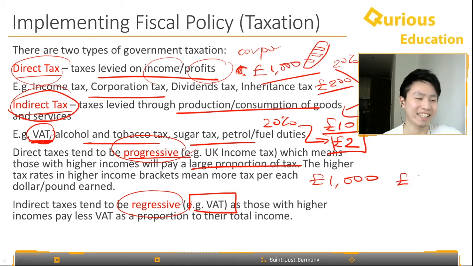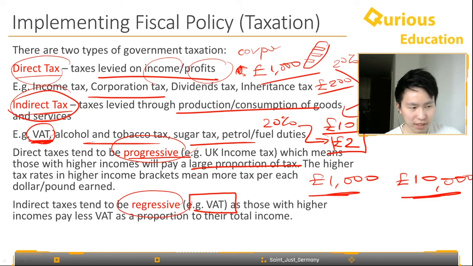But let's say there are two types of families here. One family is earning £1 grand a year, which is not very much, and probably can't survive with that. And then another family is earning like 10 grand a year. So this is the richer family, and there's the poorer family.